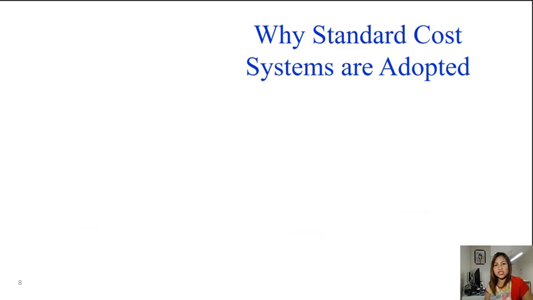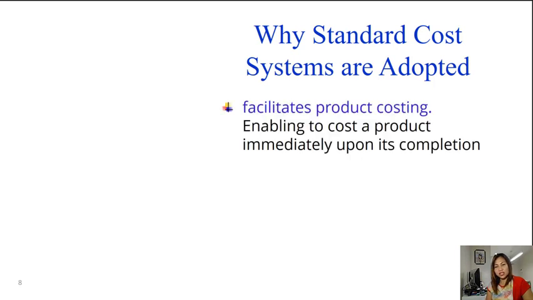Why are standard cost systems adopted? There are a few main reasons. The first one is that a standard cost system will help the company with product costing. Let's assume that we are a company that just made a new product.